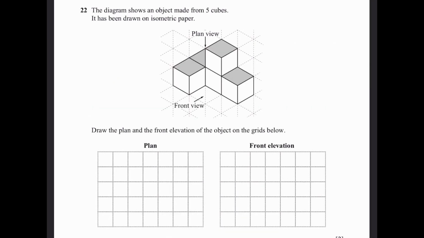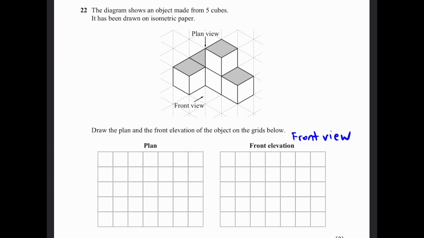Question 22. The diagram shows an object made from 5 cubes. It has been drawn on isometric paper. Draw the plan and the front elevation of the object on the grids below. The front elevation is, in other words, the front view.